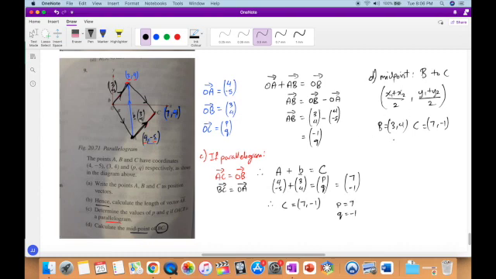You add the x's, so 3 plus 7 over 2, comma, then you add the y's, 4 plus -1 over 2. 3 plus 7 is 10, so that's 10 over 2, and 4 minus 1 is 3, so 3 over 2. So therefore the midpoint, M, is 5 on the x and 1.5 on the y. And it does look like that. If I have the midpoint here, M, it does look 5-ish and then 1.5-ish.